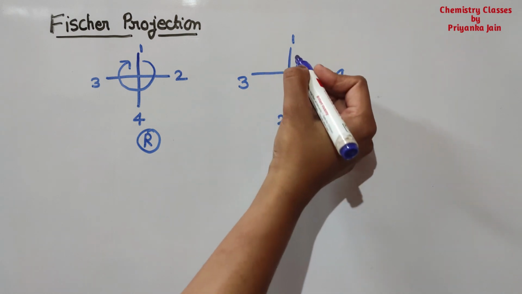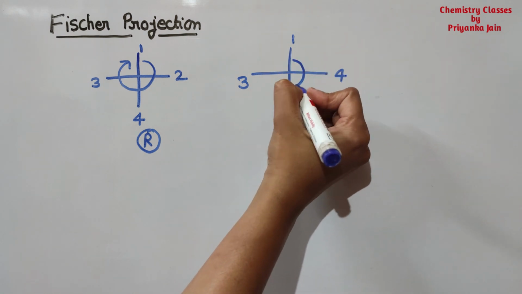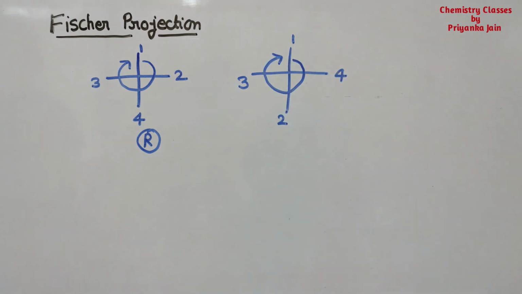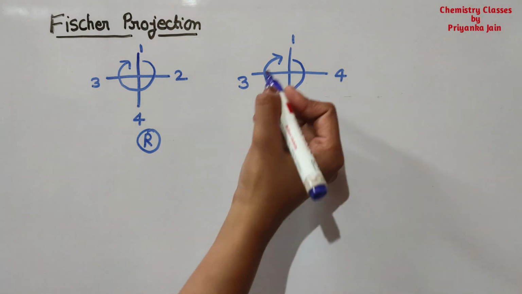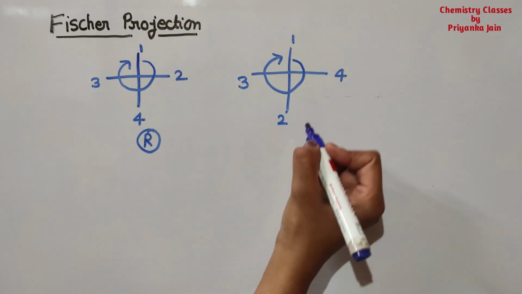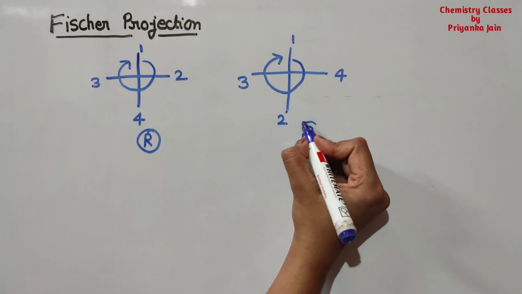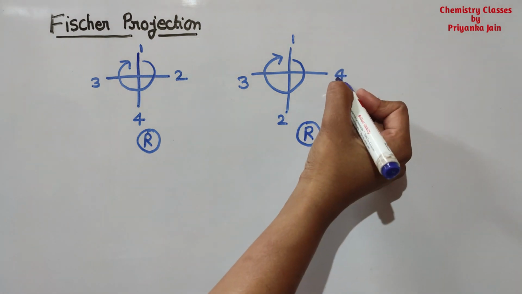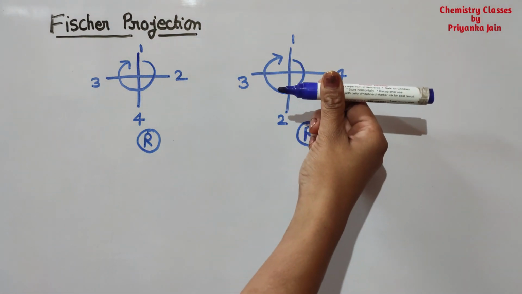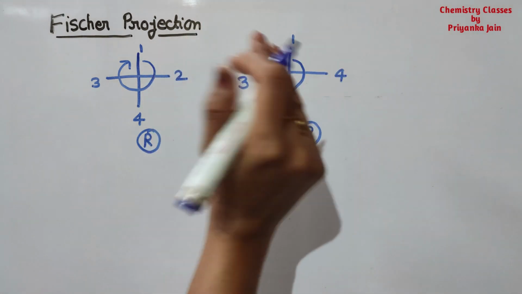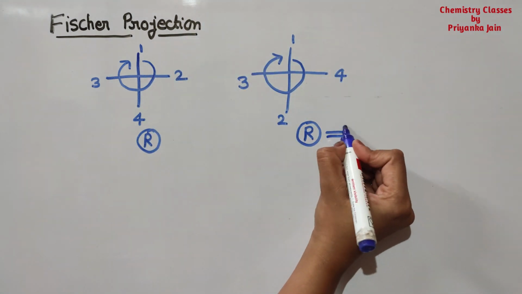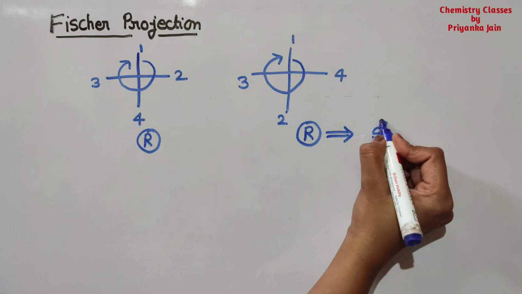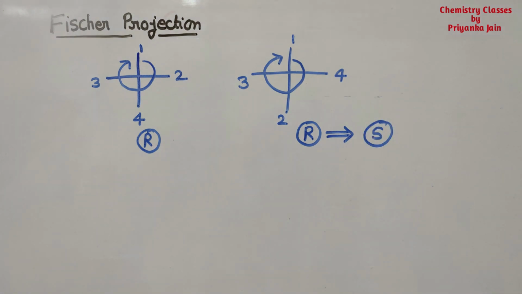So firstly give the priority to the groups 1, 2, 3 in this manner. See here, what is this? This is clockwise. Okay, so it will be R configuration. Now see here, this fourth group is present on the horizontal line. Okay, so we will have to invert this configuration. It means this configuration will change now and this will become S configuration, right?